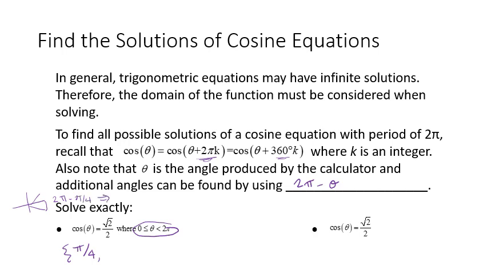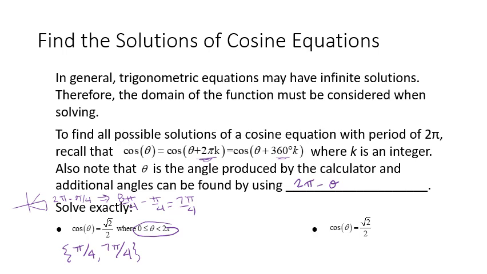To figure that out, get a common denominator: 8 pi over 4 minus pi over 4, which gives us 7 pi over 4. And those are just your answers, period, because again, they told us that we were only looking for angles between 0 and 2 pi.